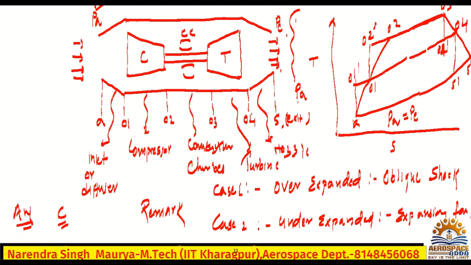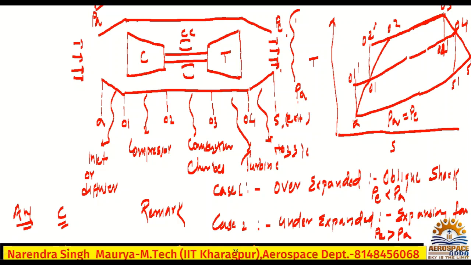So you should know overexpanded and underexpanded. In the overexpanded case, the exit pressure will be less than ambient pressure. This is the overexpanded. And underexpanded means PE greater than PA.